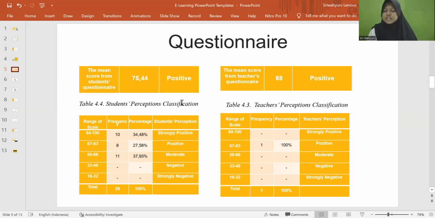And no students have a negative or strongly negative perception.